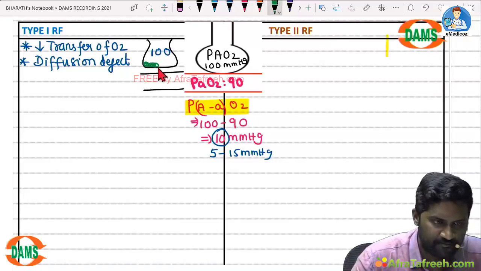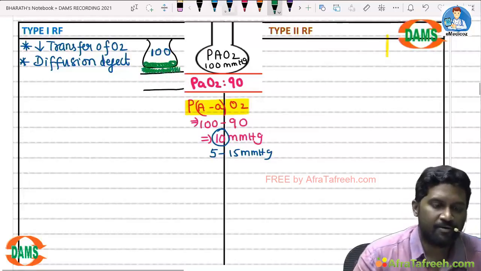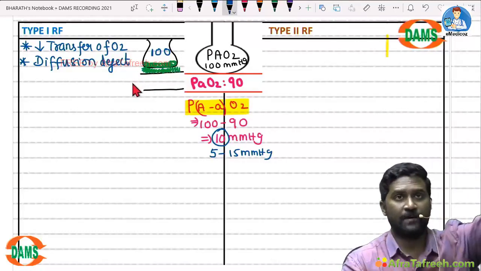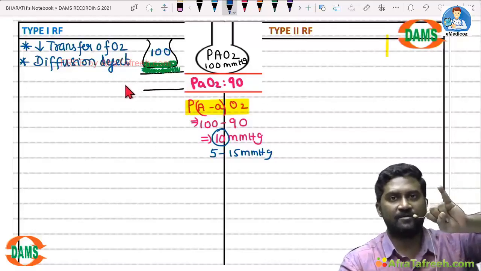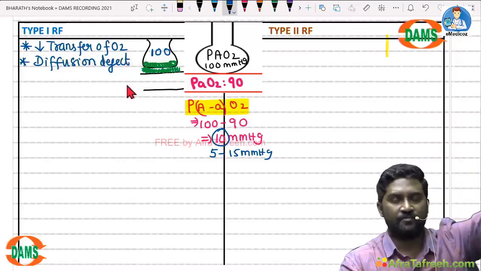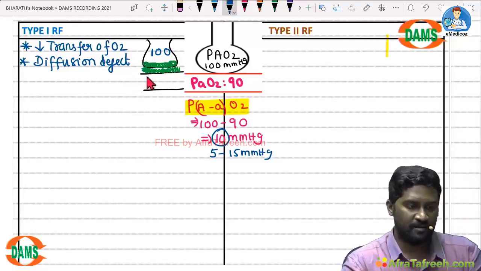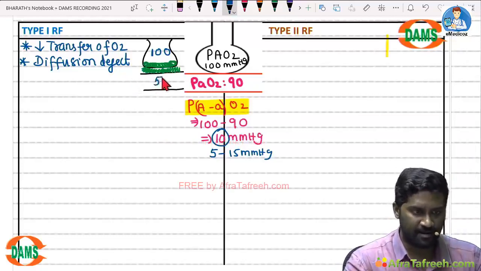Alveoli might be filled with secretions, or around the alveoli there can be deposition of fibrous tissue. Because of this, oxygen cannot go completely into the blood vessel. So either secretions within the alveoli, or deposition of fibrous tissue around the alveoli, or some issue in the pulmonary circulation. Ultimately, the amount of oxygen reaching the circulation will be less.